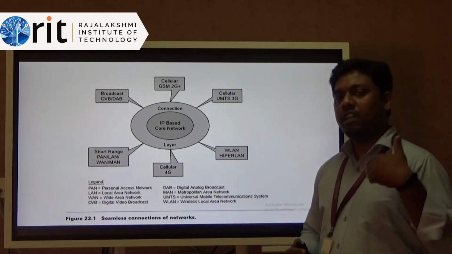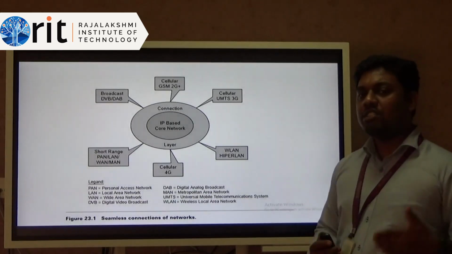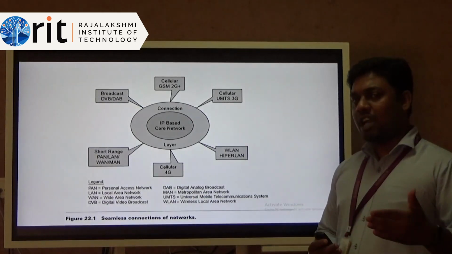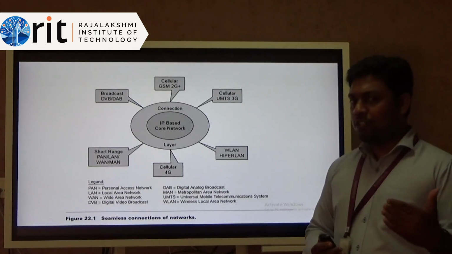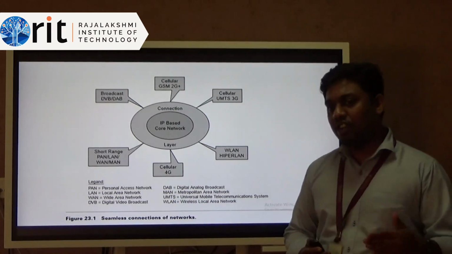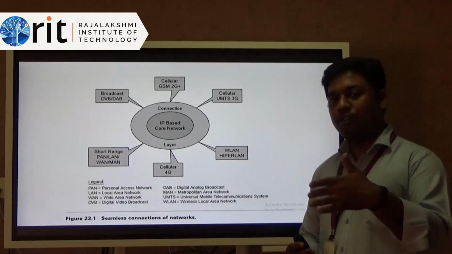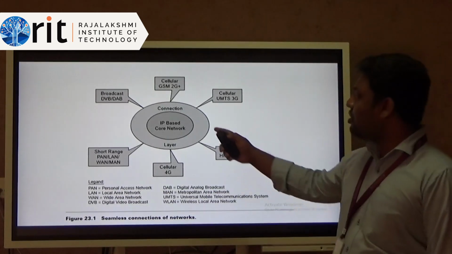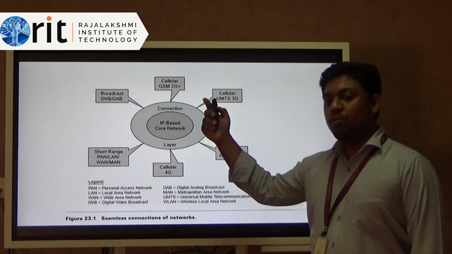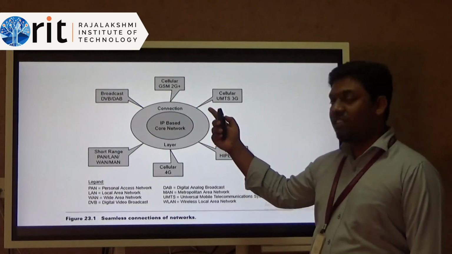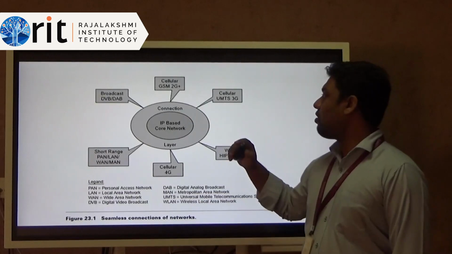Later on 2G was upgraded to different standards, that is 2.5G, where you have a GPRS facility along with 2G. Then 2.7G, where you have EDGE technology, where your data rate is slightly improved from GPRS technology. So that is 2G, 2.5G as well as 2.7G. That is the 2G family of technologies.